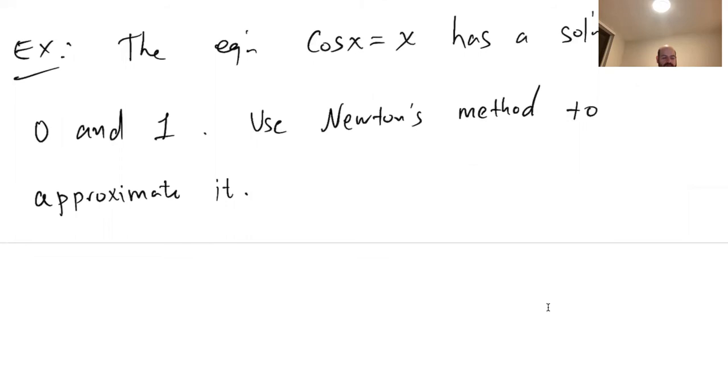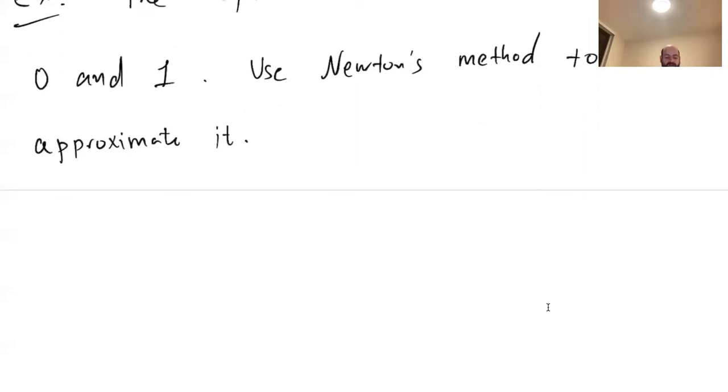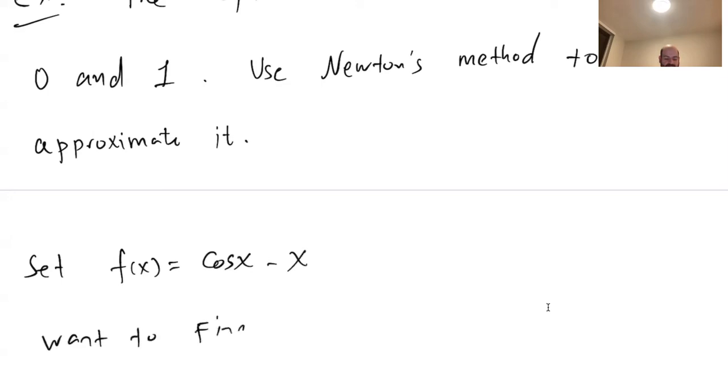Okay, we want to find the solution of cos x equals x, the solution that lies between 0 and 1. We can also verify ourselves that this has a solution between 0 and 1. Right now, the question says that we can assume that it has a solution between 0 and 1. But even if it didn't, we can find out by ourselves. If I set my function, let's say f of x equals cos x minus x, we want to find the root of f of x.